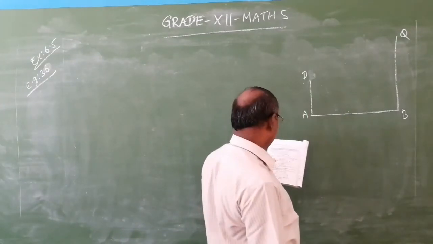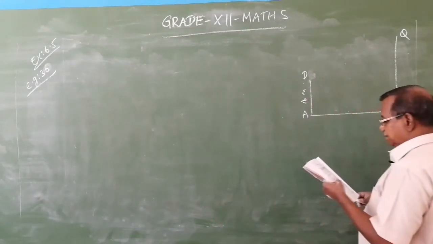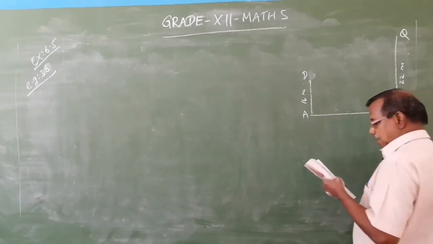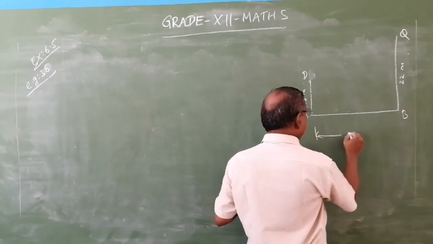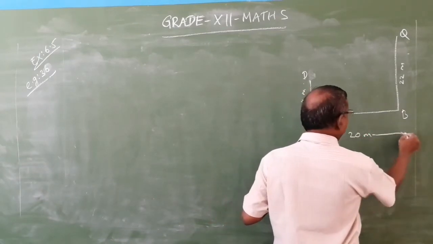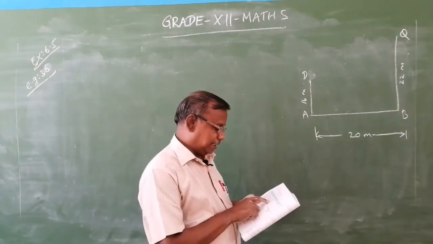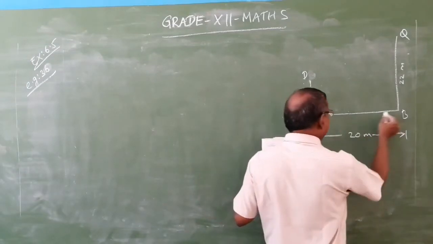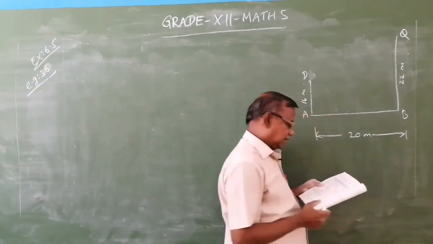If AP equal to 16 meters, and BQ equal to 22 meters, and AB equal to 20 meters. Then we need to find the distance of a point R on AB. We can take that point R anywhere, but under the given condition.